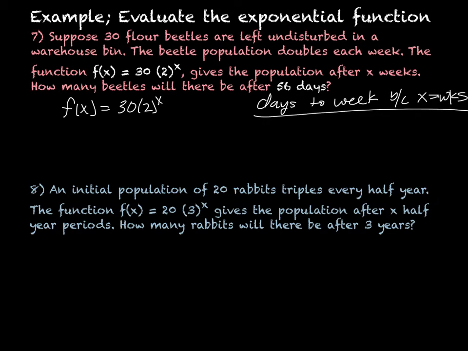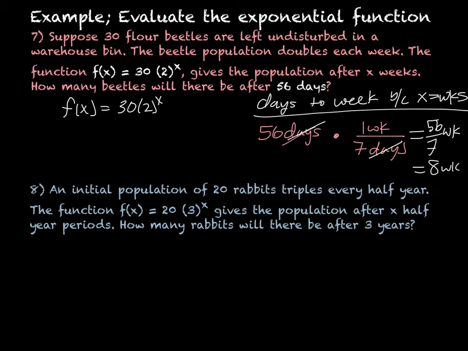To take days to weeks, we need to go 56 days and multiply that times 7 days per 1 week. So my days cancel out, leaving me with 56 divided by 7. So we have 8 weeks.